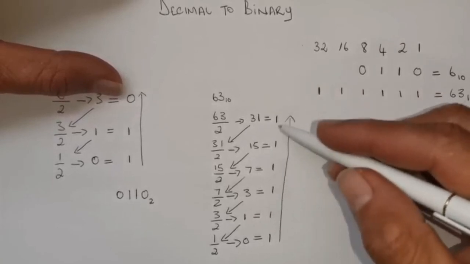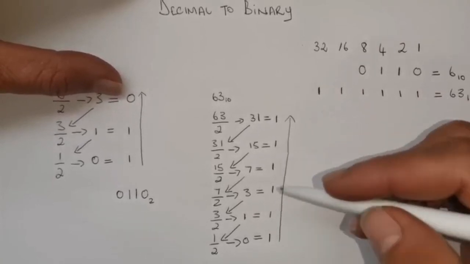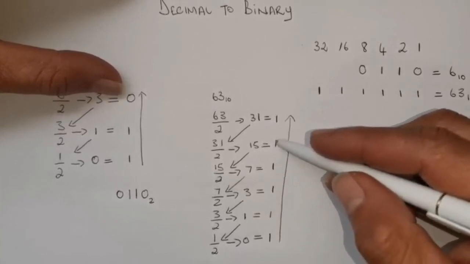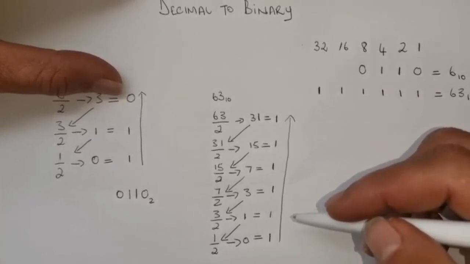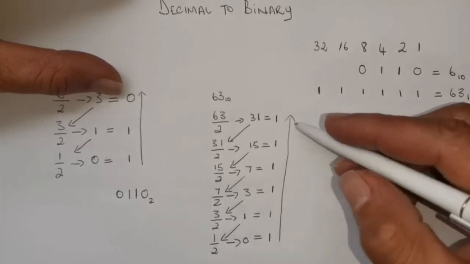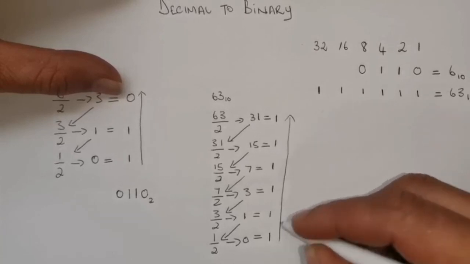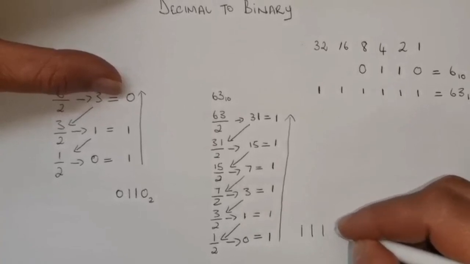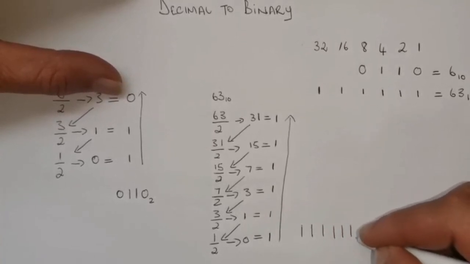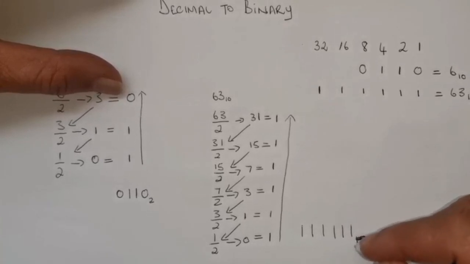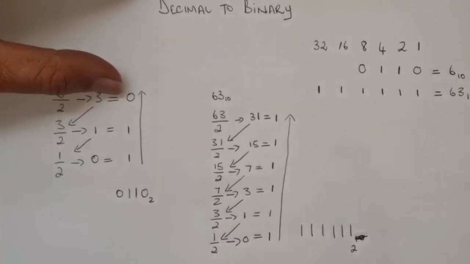In this case, it's not going to make any difference, but you must remember that if you have zeros in your binary number, you always write the number from the bottom to the top. That is going to be 1, 2, 3, 4, 5, 6: 1 1 1 1 1 1 to the base of 2, because I'm converting to binary.